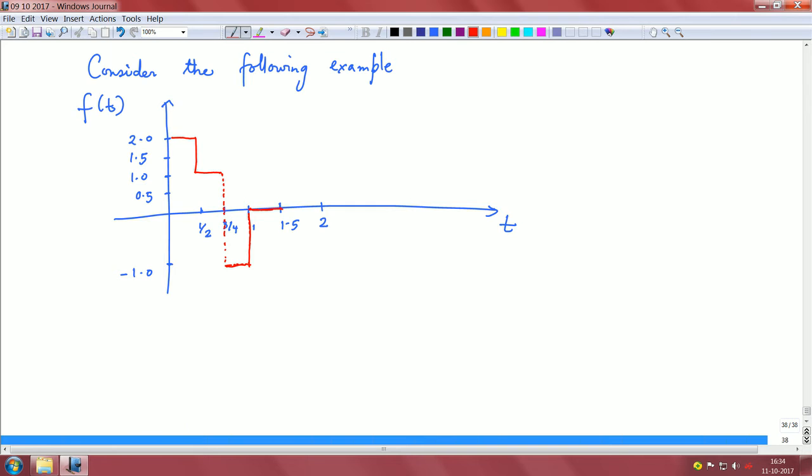But our goal is to basically decompose this signal.